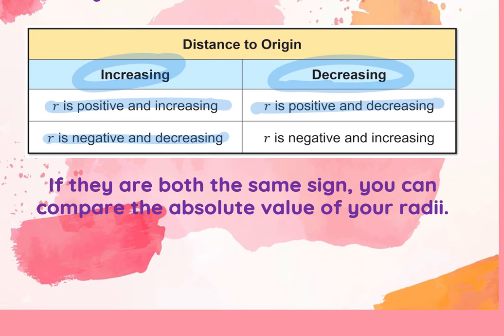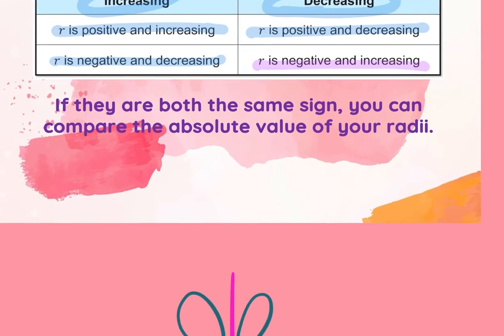Now, if the r is negative and it's increasing, if I go back the other way, from here to here, now my r value is actually increasing. Even though it's negative, it's increasing, and the distance from the center to that point would be decreasing.